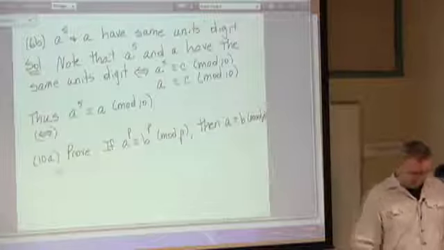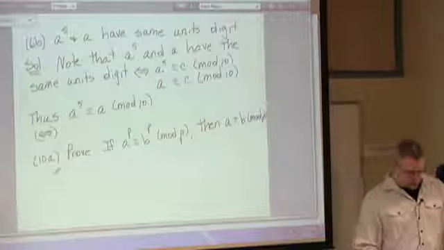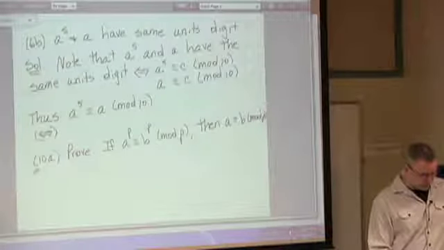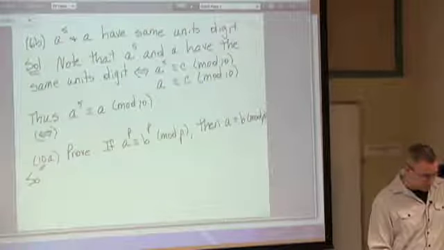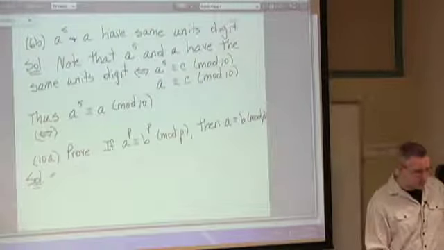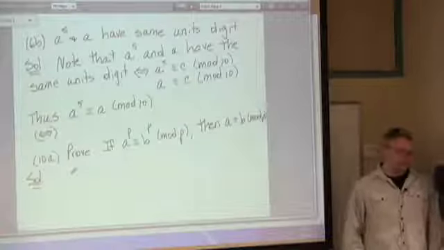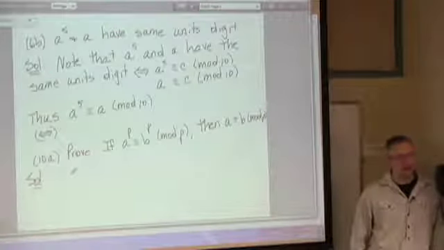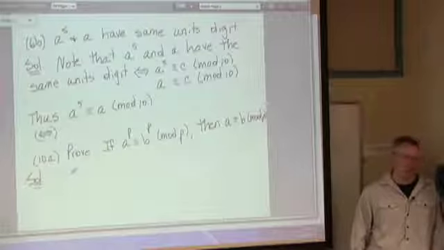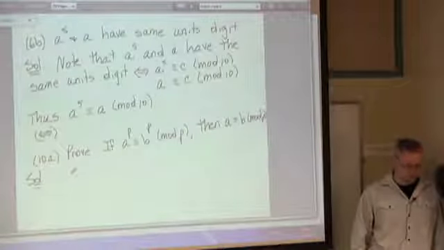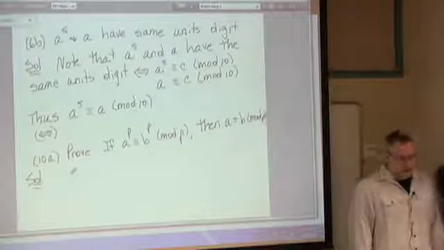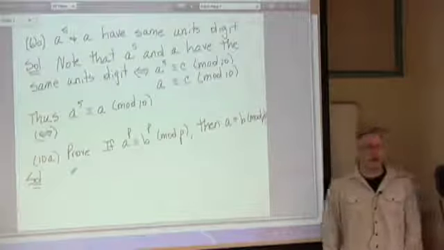Okay, sorry, I've got to straighten this out. So this is kind of interesting. It says that you can cancel the p out in some sense. p is a prime, of course, in this case. So this is really all it boils down to. There's not a whole lot going on here.